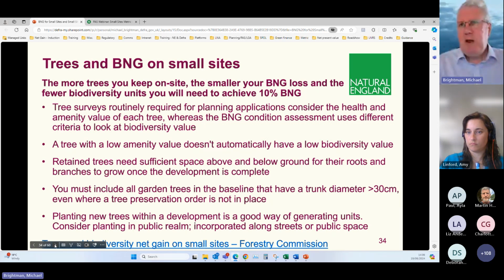Planting new trees within the development is a good way of generating biodiversity units, and therefore developers should consider planting in the public realm, incorporated along streets and in public spaces. And for guidance on provision of trees on small sites, there's a link there in the slides to a very informative blog post from the Forestry Commission.